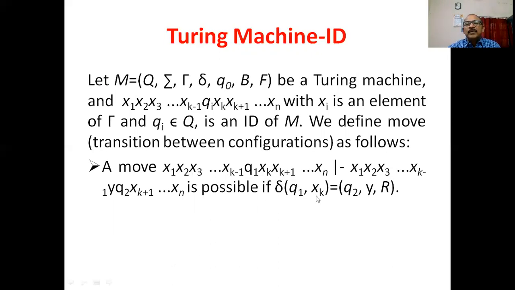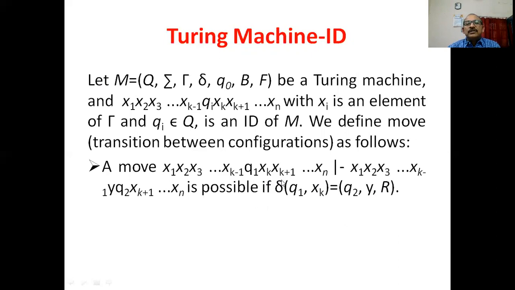If it reads xk, then it moves from q1 to q2, replaces this xk by y, and here R denotes the tape head moves in the right direction.